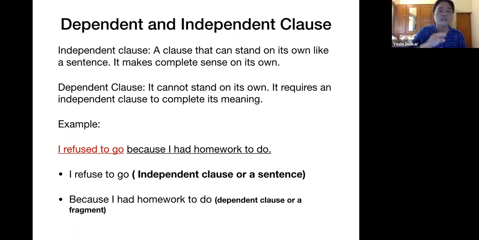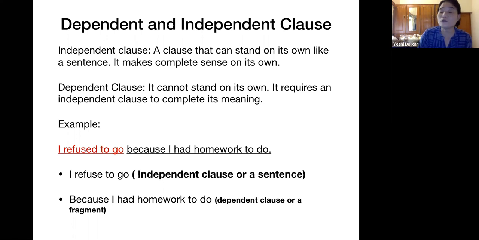Such clauses in a sentence are called dependent clauses, because the meaning depends upon the independent clause. On its own, it's called a fragment. So this second part, because I had homework to do, is a fragment, not a sentence, and it is a clause because it has a subject and a verb.